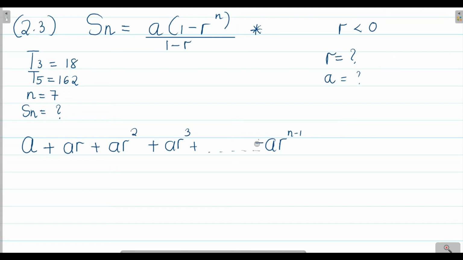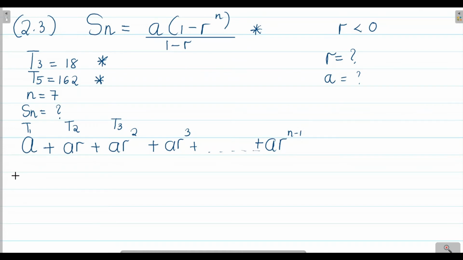Your A is your T1, A times R is T2, A times R squared is T3, and so on. Here we have T3 and T5, so we need to find a way that we can get our R using the T3 and T5 that are given to us. So what must you do?